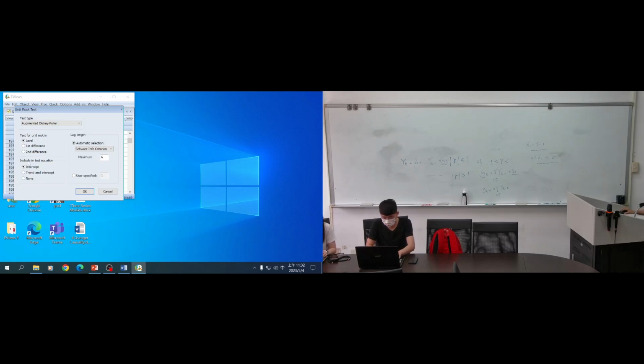Included in the test equation, look at the three options. One is intercept. The other one is trend and intercept.